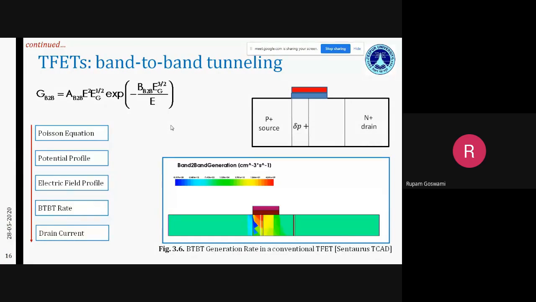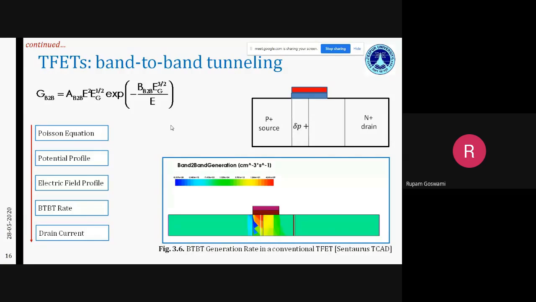Now the question which appears in most of the students is why? The answer is, if you have a closed form expression, you can directly apply it to the circuit simulators. So imagine you have a circuit simulator and you are trying to incorporate a novel device, something which is not present in their libraries.